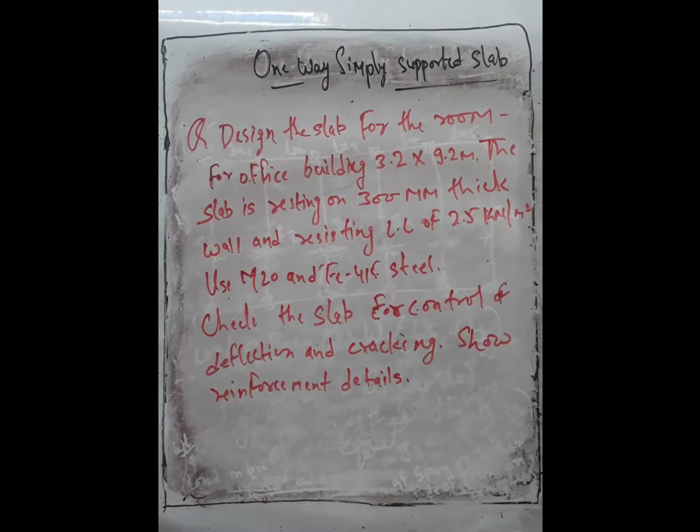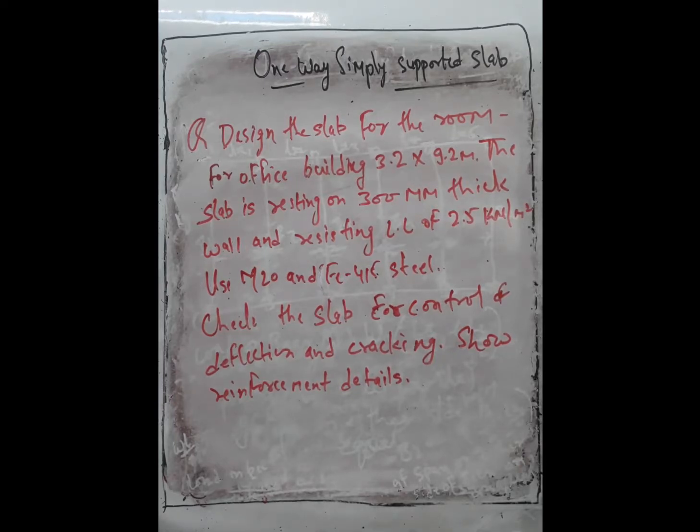Show reinforcement details. So in this question we are given only the room dimensions, the thickness of the wall on which the slab is supported, live load, grade of concrete and grade of steel. With the help of these values we have to design the slab.